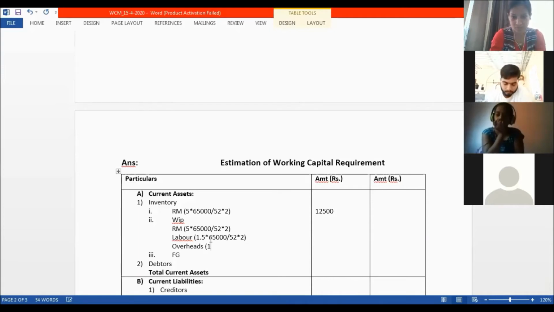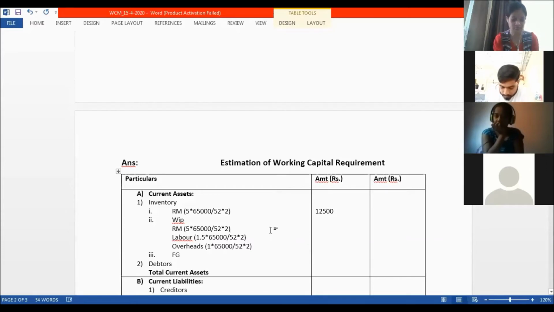Okay, then overheads, half of the overheads only we have to, okay, into 65,000 units divided by 52 weeks, then multiplied by 2 weeks. Okay, so these 3 separately you can show in a column, and these 3 together you can show as WIP cost in the outer column.